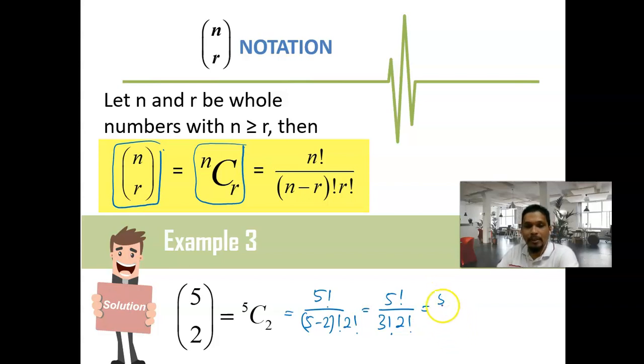Before that, 5 times 4 times 3 factorial. I'll take the biggest one between 3 factorial and 2 factorial; 3 is greater than 2. So 3 factorial divided by 3 factorial, leaving 5 times 4 equal to 20. 2 factorial is 2 times 1, which is equal to 2. Then we get 10.